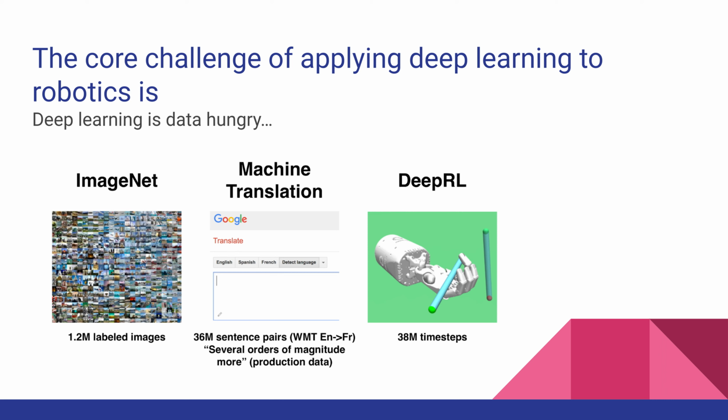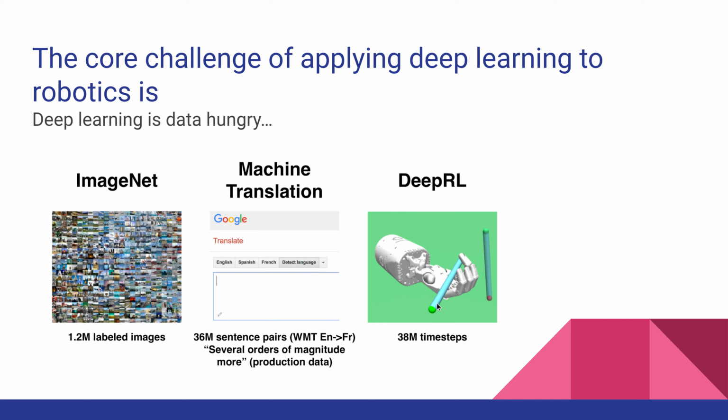But the main problem in applying deep learning or reinforcement learning is that we need a lot of data. As you can see, ImageNet has 1.2 million labeled images. Even if you go to machine translation, it has 36 million sentence pairs.